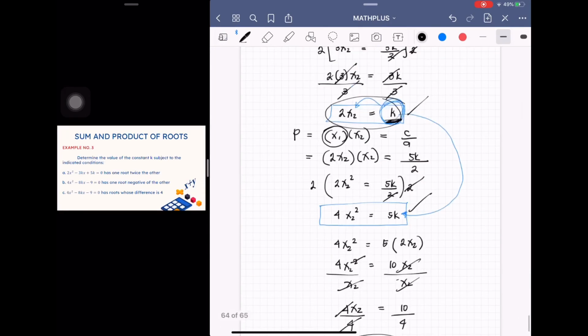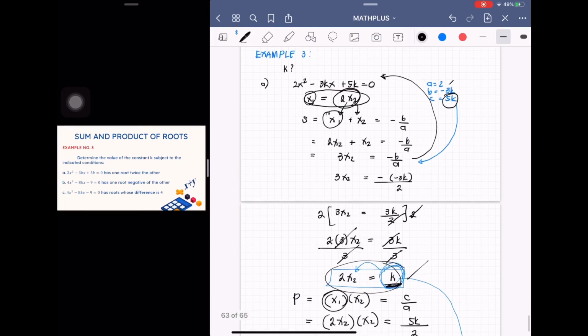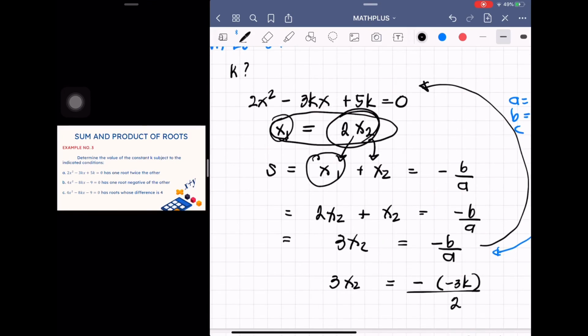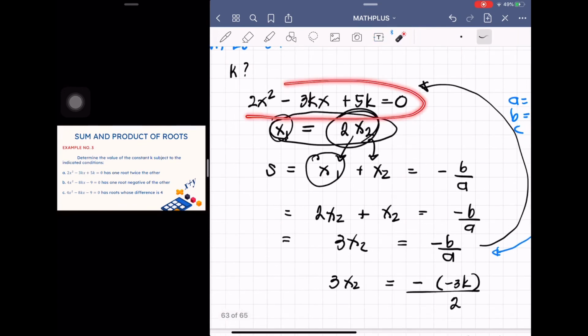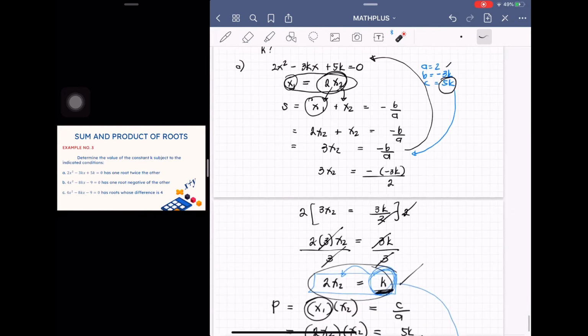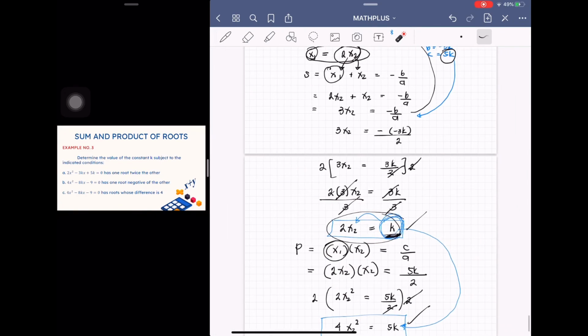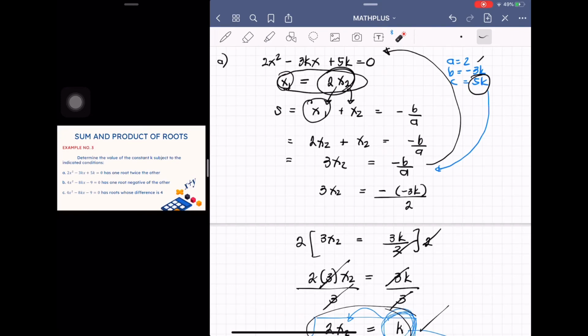If I may recall what I did, again, I wrote the equation given, that's 2x squared minus 3kx plus 5k equal to 0. The next thing I did is write the condition in the problem, that's x sub 1 equal to 2x sub 2. After that, I used the two principles, sum of the roots and product of the roots, to come up with two equations. So, I substituted this, knowing that the sum is simply x sub 1 plus x sub 2.